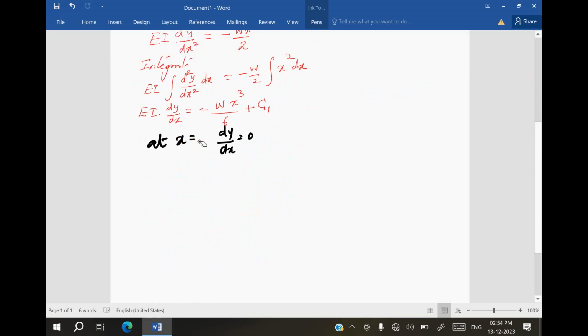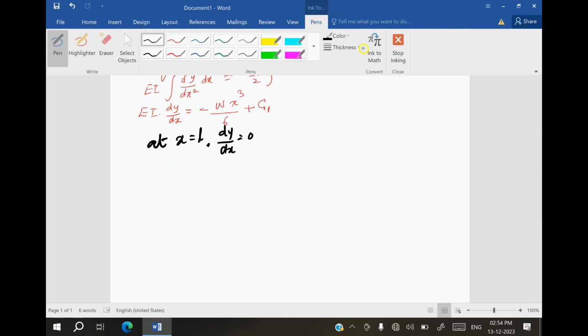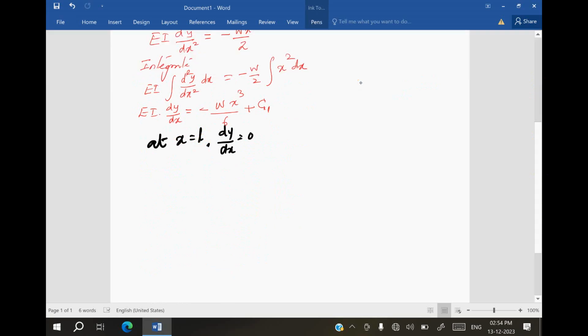So I write at x is equal to L, 0 is equal to minus WL cube by 6 plus C1. So what will happen to the value of C1 now? C1 is equal to WL cube by 6.